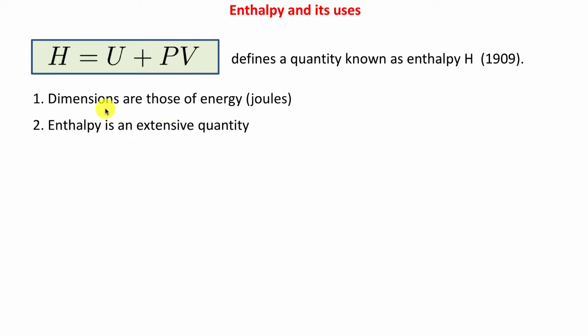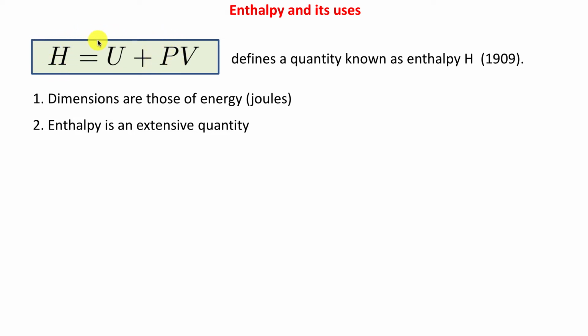Secondly, it's an extensive quantity. So just like heat capacity doubles when I put twice the mass, similarly, the enthalpy will double. So if I double the mass of the system, then U is doubled, and of course, H then doubles. And of course, if I'm doubling the system, then the volume is doubled. Pressure remains the same. Pressure is what is called an intensive quantity.